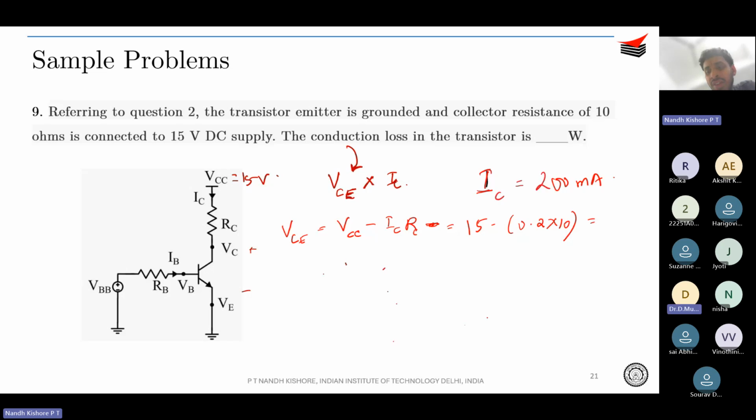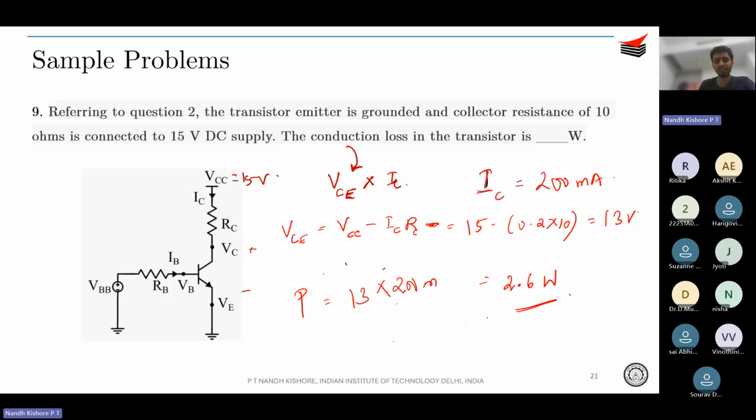So 10 into 0.2 is 2, so 15 minus 2 is 13 volt. So what is the power loss? Power loss is going to be 13 into 200 milli, or 2600 milli or 2.6 watts. Okay, so this is the power loss. Simple, right? So you just multiply VCE into IC and you get the answer.